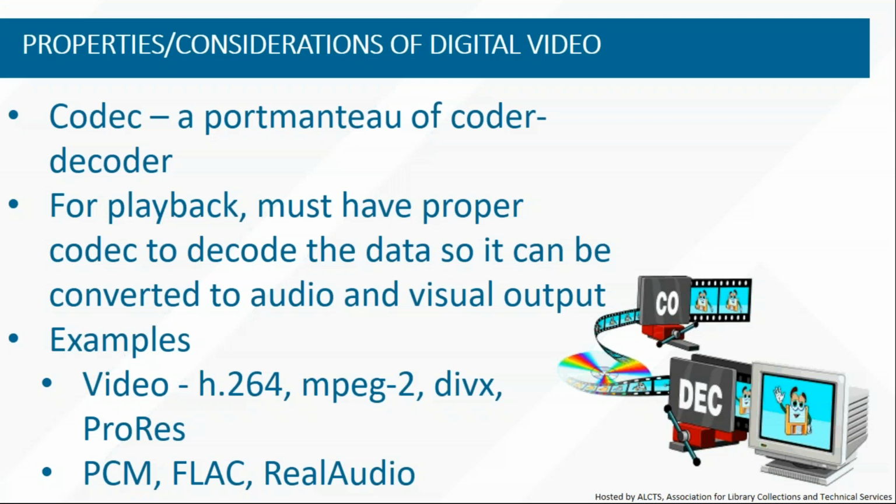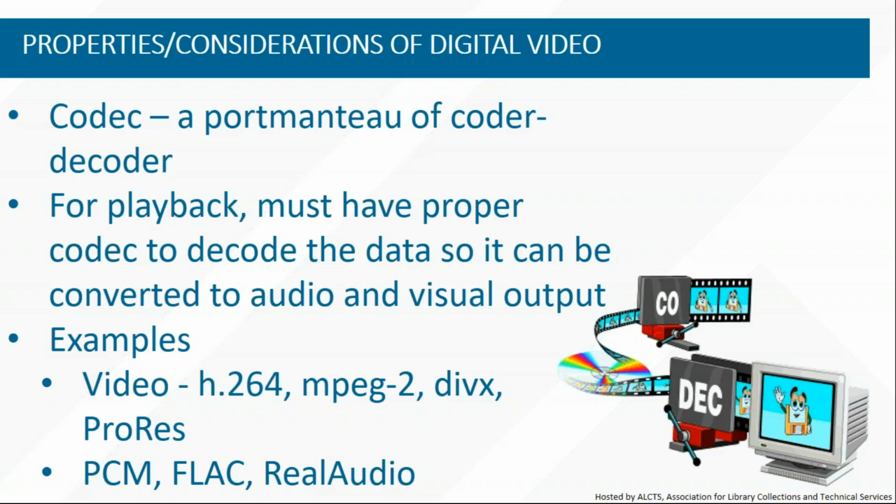One of the most essential aspects is that of a codec, which is essentially the two words coder and decoder mushed together. Think about a codec as the instructions for how a video player on your computer can understand the actual video file.